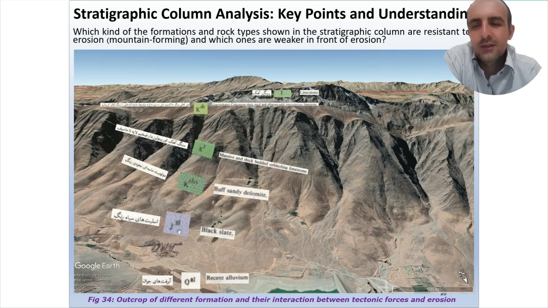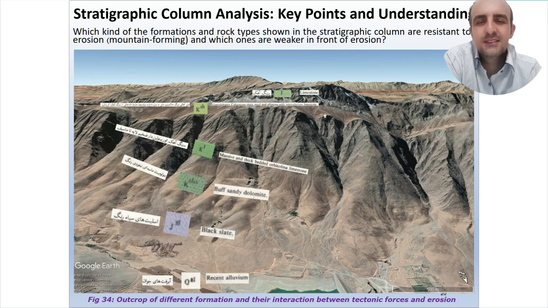So we can see in this area we have different types of rock, but also we can see different types of rock have different types of behavior in front of erosion. As you see, limestones in this area and in this area are very mountain building and are so resistant in front of erosion and weathering. But for example, shale, marl, and other rock types are so susceptible and prone to erosion.